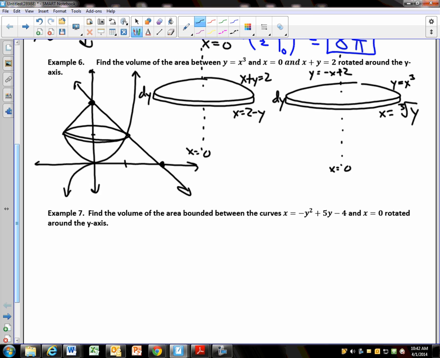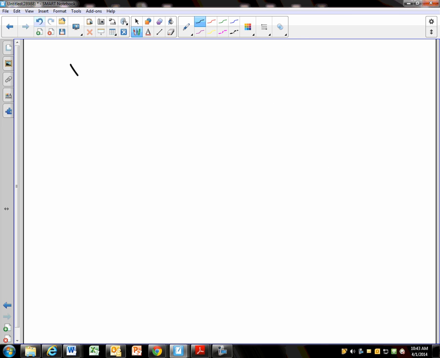We would have to find the intersection of those 2 pieces, where y equals x to the third and x plus y equals 2 meet. We could simply use substitution, putting x to the third in for y, and we would get x plus x to the third equals 2. That's a third degree polynomial, right? We could solve that: x to the third plus x minus 2 equals 0. We don't factor third degree polynomials in that way, but we can always use the handy dandy.